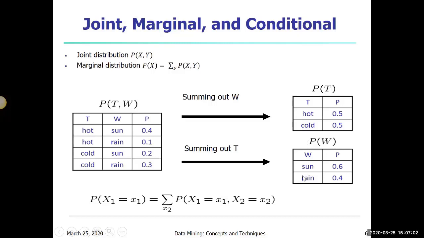Okay, we do the same if we want to find the marginal distribution for weather. We have sun and rain. For sun, we pick out sun and then sum temperature out. We have 0.4 and 0.2. Therefore, our sun probability is 0.6. So the key idea to remember is that if we know the joint distribution, in order to find the marginal distribution, our method is summing out the other variable.